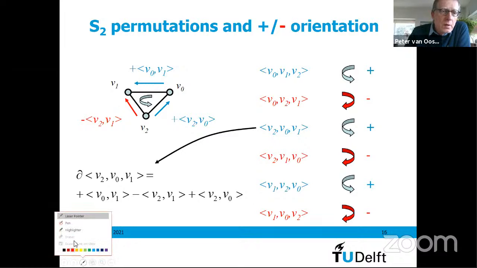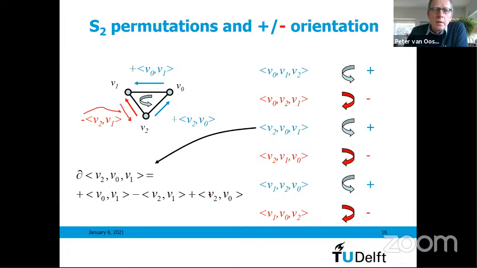Let me draw the corrected direction. So after correction with the minus, that is the effect of the minus. And the last element is plus V2, V0 in this direction. And then you see that all corrected boundary orientations are in the same direction. They are all counterclockwise.